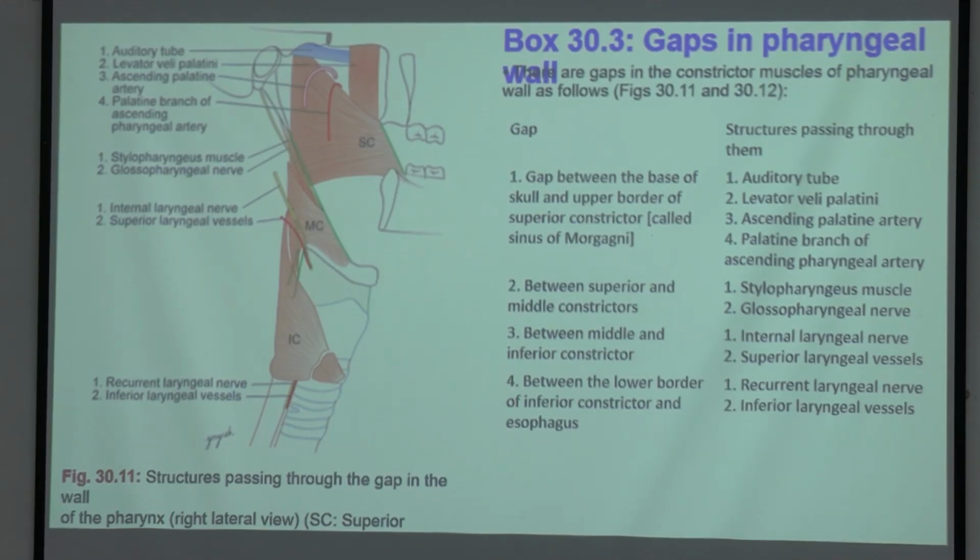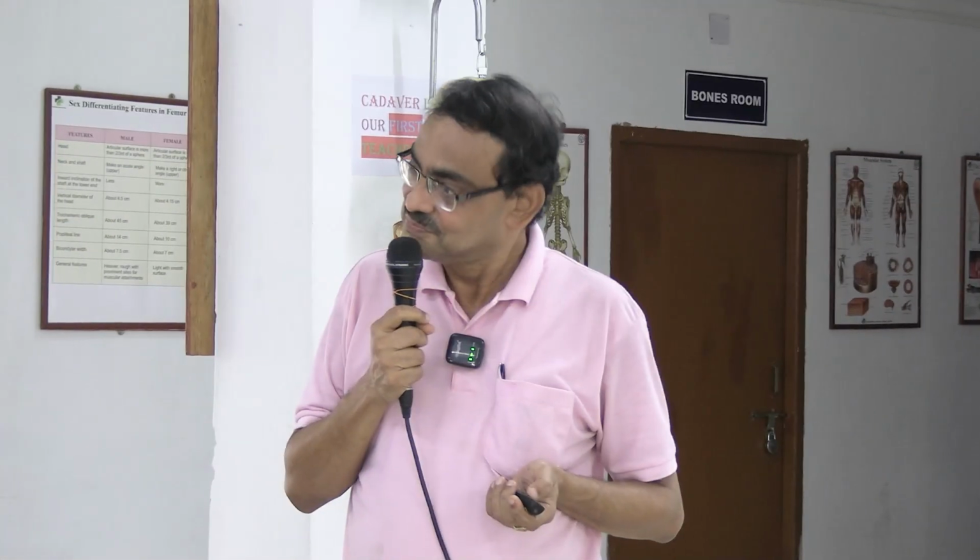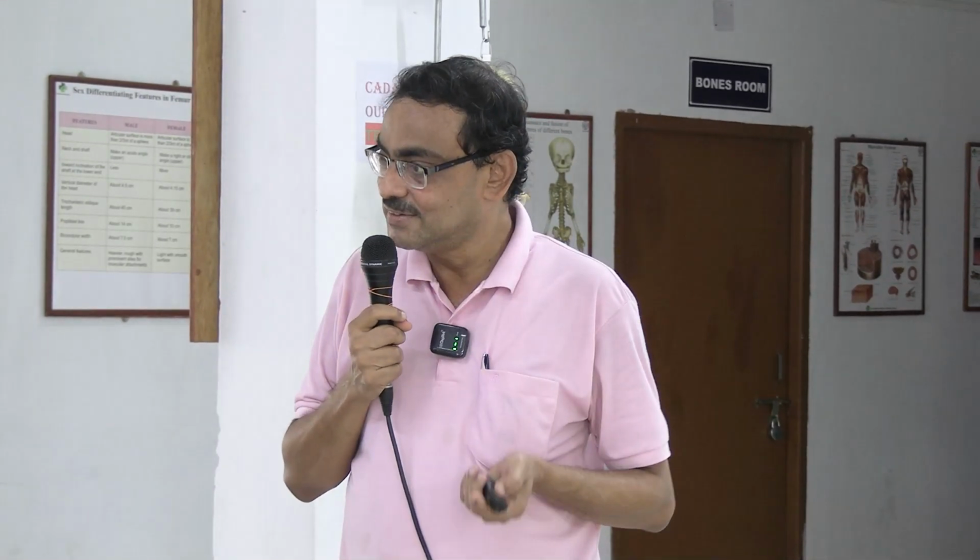So in between middle and inferior we can get the internal laryngeal nerve and superior laryngeal vessel. The nerve is always above the vessel. The superior laryngeal vessel is coming from the superior thyroid artery, as we have seen in the cadaver. So it pierces the membrane.